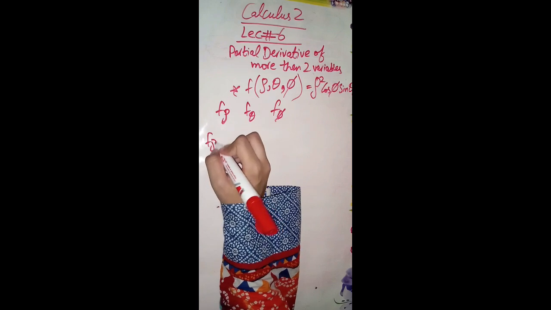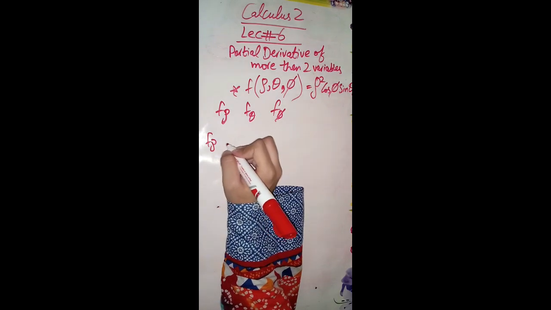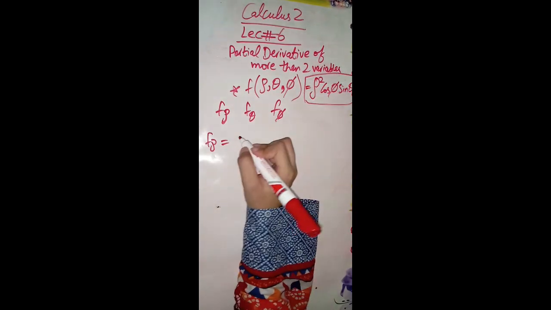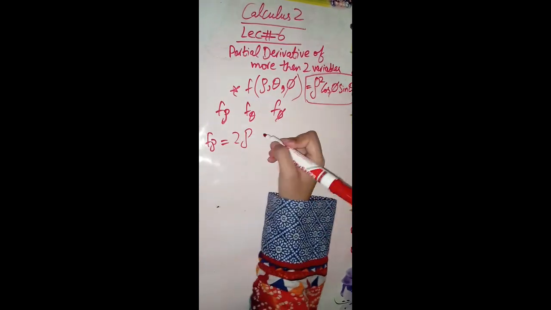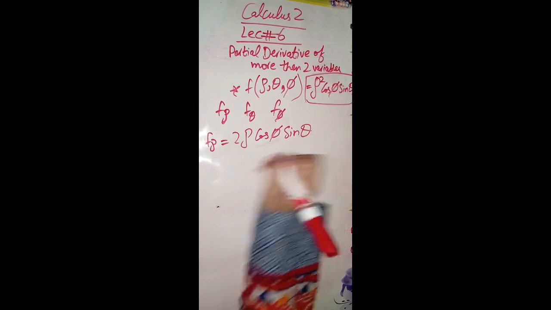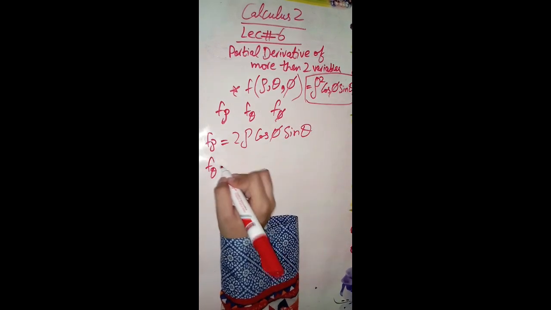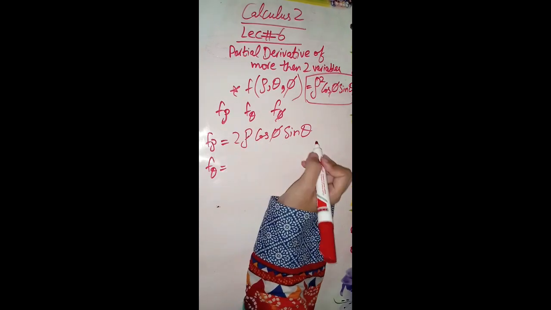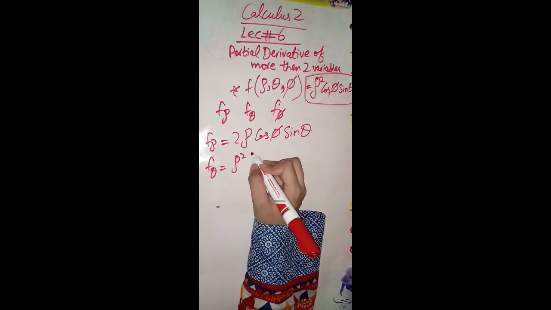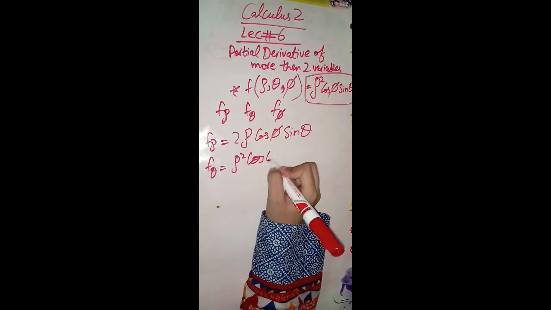So starting with f rho, we solve this expression. It is 2 rho, and the other values stay as they are: cos phi sin theta. To find f theta, we differentiate the theta part and the others will be constant. So rho square as it is, cos phi as it is.